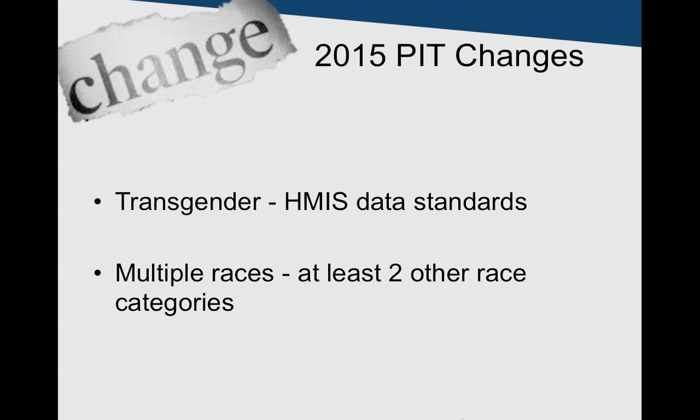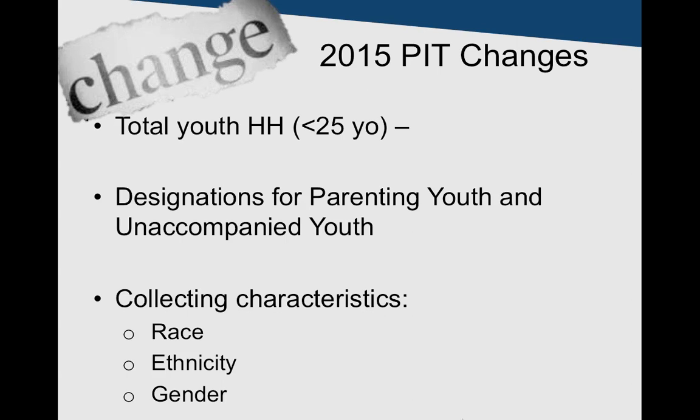And finally, persons that are included under the multi-race category should also be counted in at least 2 other race categories. So that might be under Asian and Caucasian, it might be African American and Caucasian, whatever those 2 races are. I'm sorry, guys, I got a little tongue-tied there.